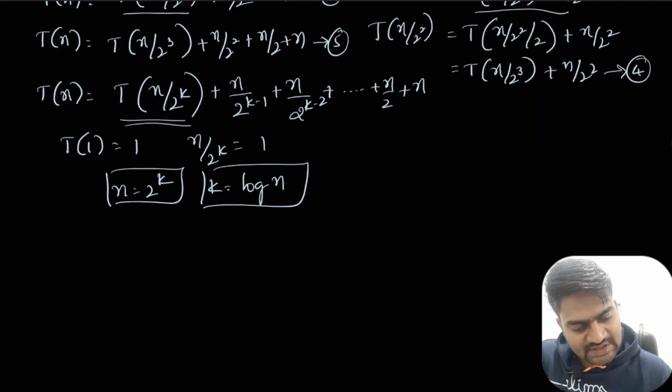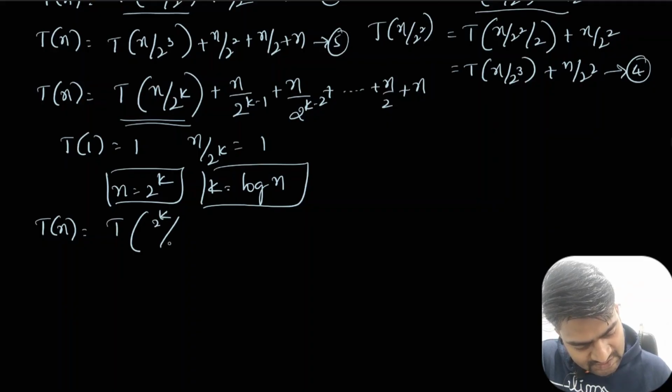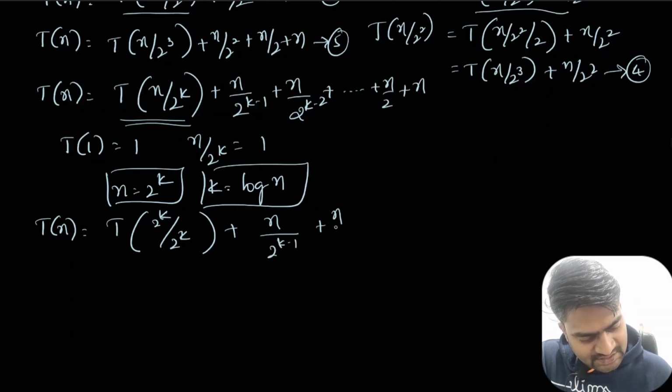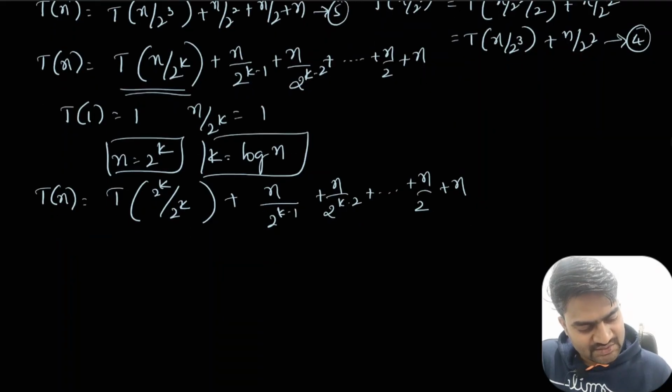So if that is the case, now T(n) will be 2^k divided by 2^k plus n divided by 2^(k-1). So let's keep them as it is: 2^k minus 1 plus n divided by 2^(k-2) and so on, n/2 plus n. Okay, so this is what we get.